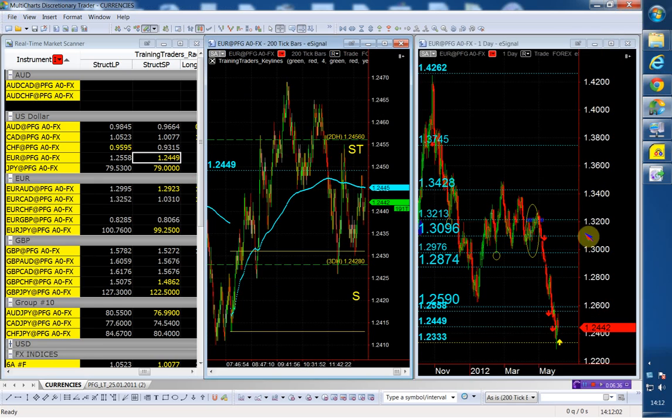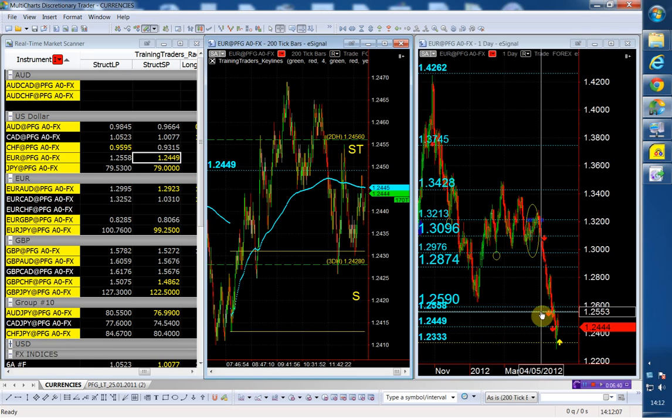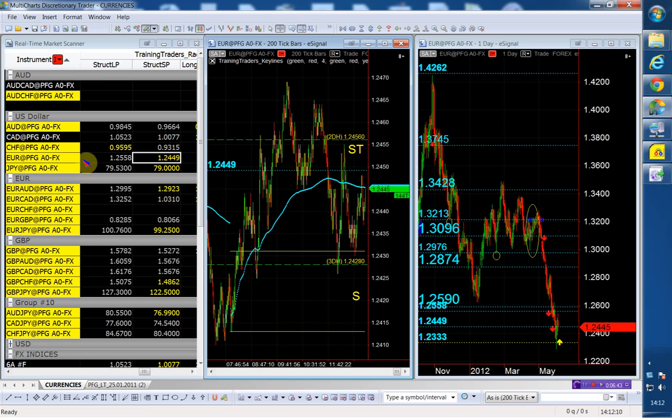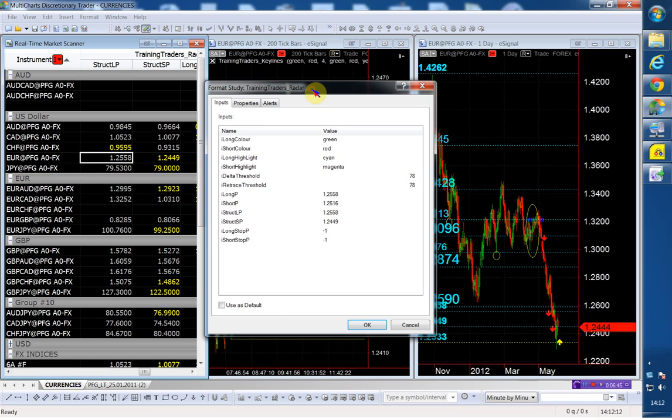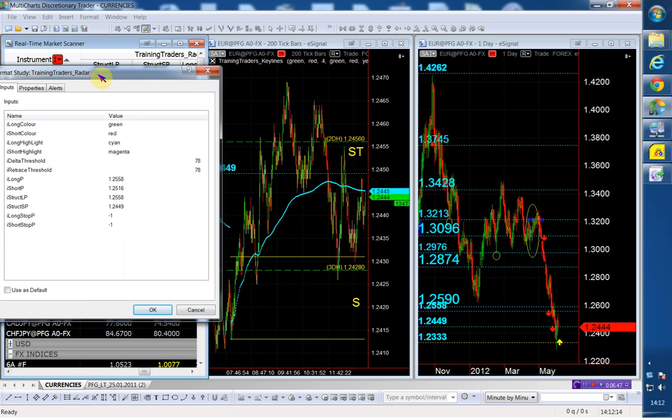And my structural long point is the 125.58. Okay, so let's do that. I am going to buy above 124.80. My structural long point is the same structural long point from last week, which is 125.58. It remains the same.